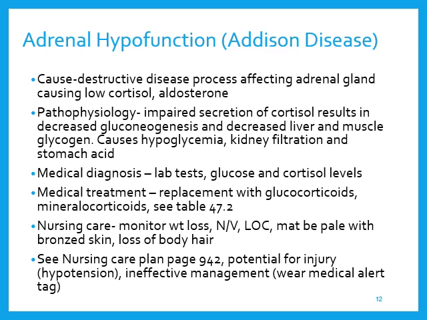Pathophysiology: impaired secretion of cortisol, which results in decreased gluconeogenesis, or converting the glucose, and decreased liver and muscle glycogen. And that causes hypoglycemia. It also affects kidney filtration and stomach acid.